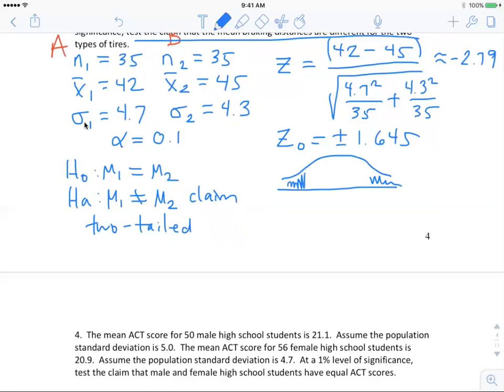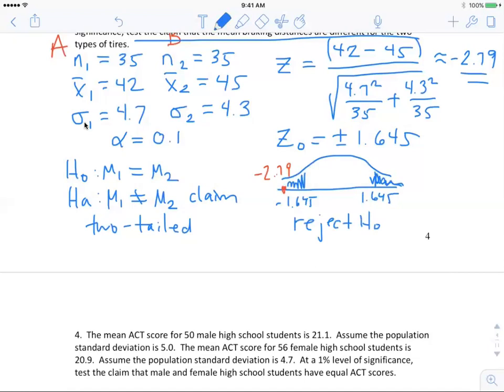What we're doing is putting the critical values where the shaded regions are, and then deciding whether the z-score we found is in the shaded region or not. If I plot that negative 2.79, it's going to be well to the left of negative 1.645. So if it's in the shaded region, it's reject H sub 0.